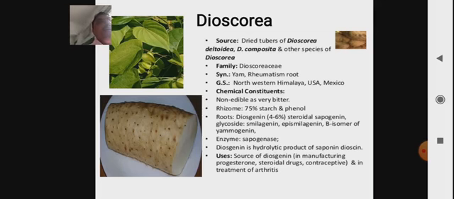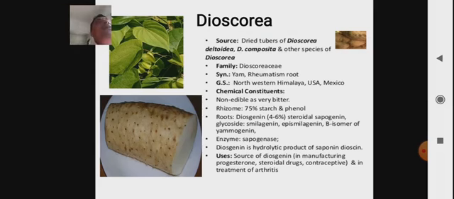The roots contain the chief active constituent, diosgenin. Diosgenin occurs at 4 to 6%, along with steroidal sapogenin. These are the main active constituents of the roots. Diosgenin is the hydrolytic product of the saponin dioscin. Dioscin is a saponin glycoside, and upon hydrolysis it produces diosgenin.